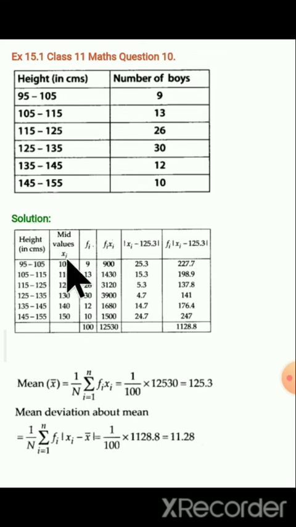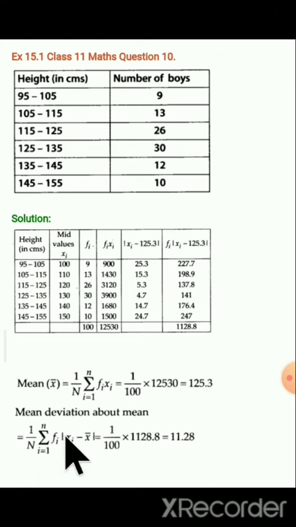Next find the midpoints: 95 plus 105 divided by 2 gives 100, then 110, 120, 130, 140, 150. Next find the mean, that is 1 by n into summation of fi into xi, that is 1 by 100 into 12530. So we get 125.3.